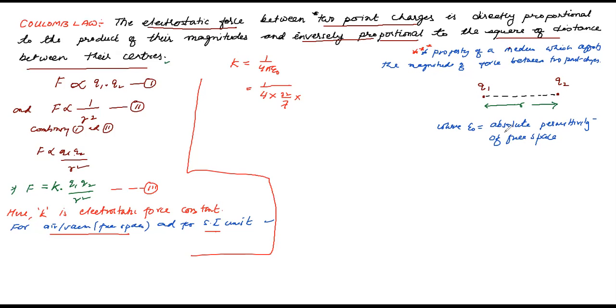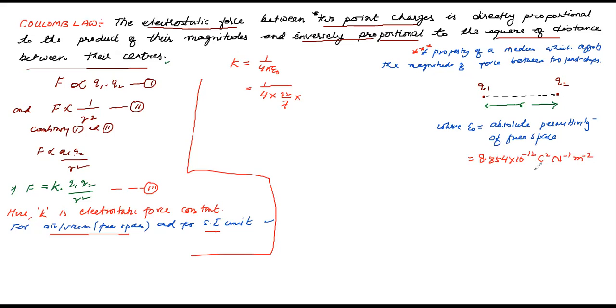Now, epsilon naught is the absolute permittivity of free space, and its value is 8.854 into 10 to the power minus 12 Coulomb square per Newton per meter square.